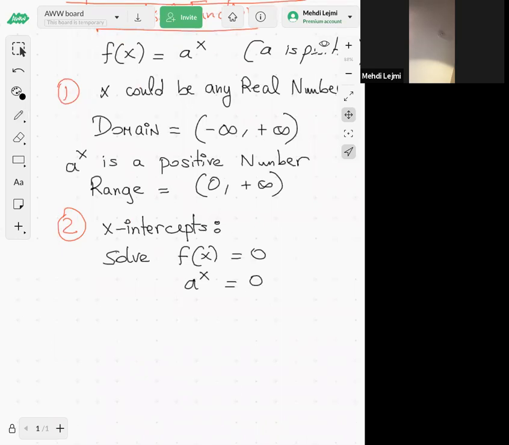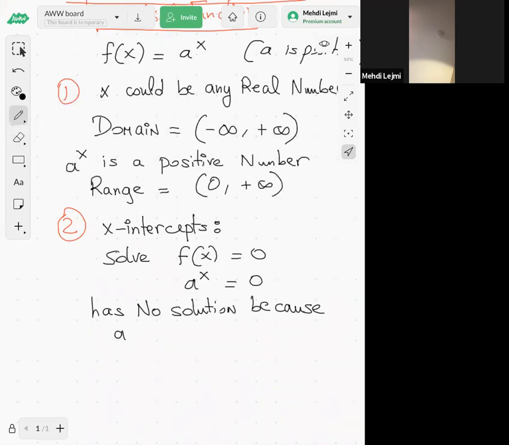So this equation here has no solution because a must be positive, because a cannot be 0. That's by our definition, right?